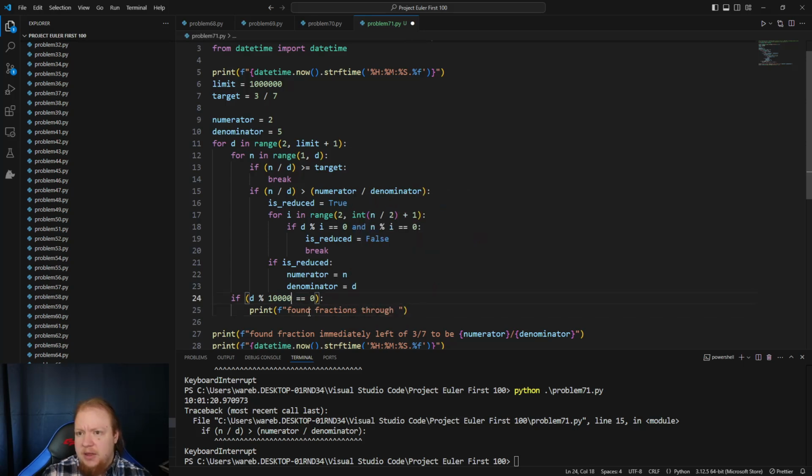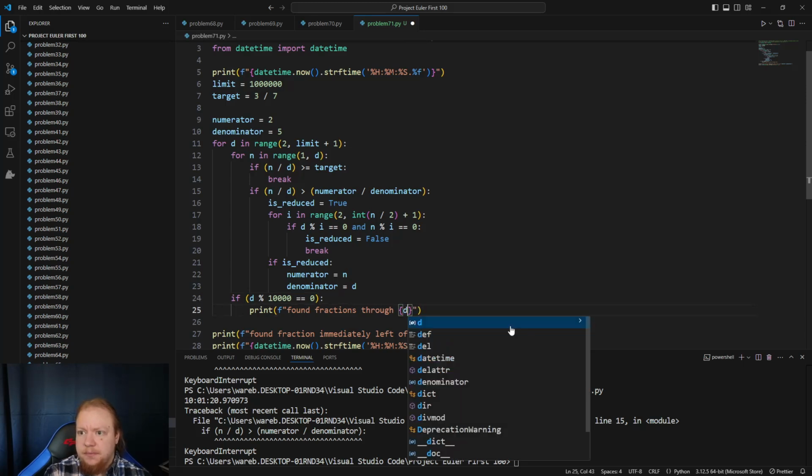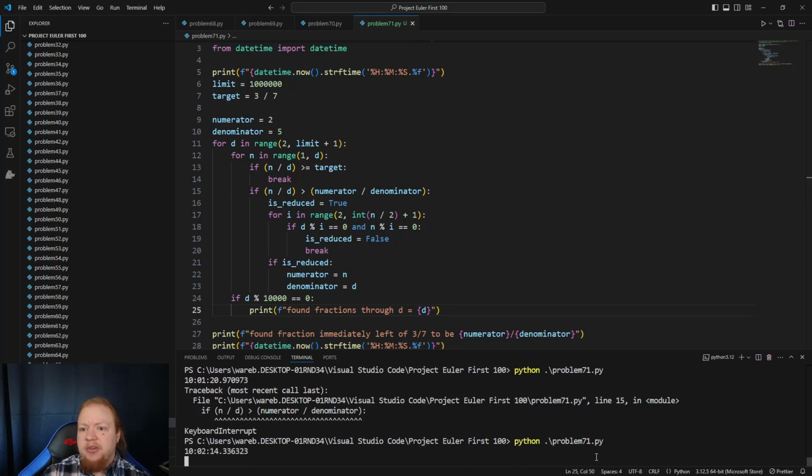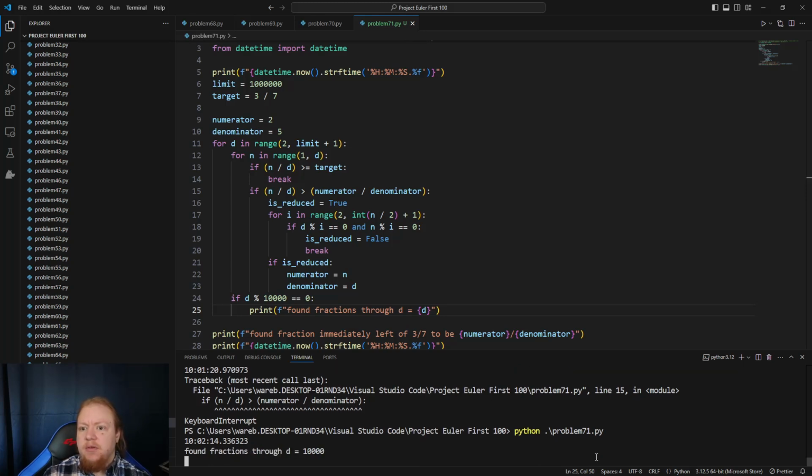Actually, let's make this 10,000, because I don't want it to print out 1,000 times. I don't really want it to print out 100 times either, but right now I'm just kind of trying to see how long it takes to get through even the first.